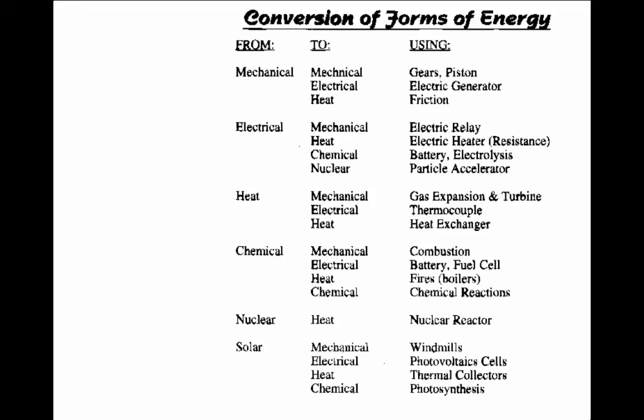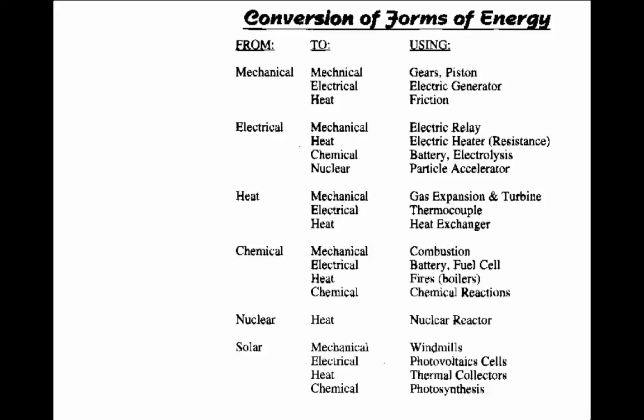Again, we can easily convert energy from one form to another. For example, looking down this list, we can convert mechanical energy to another form of mechanical energy using gears and pistons. We can convert energy of a rotation into energy of something moving up and down through a piston. We can change mechanical energy to electrical energy through an electric generator.